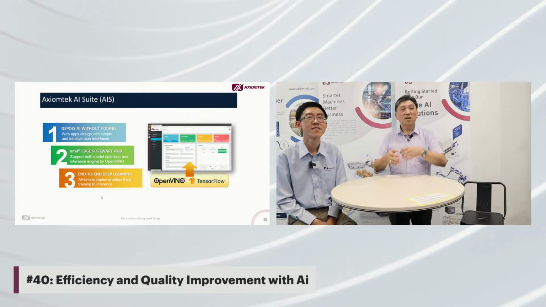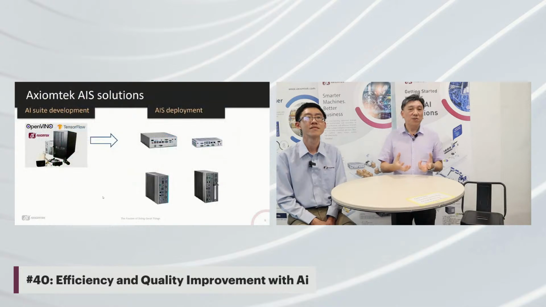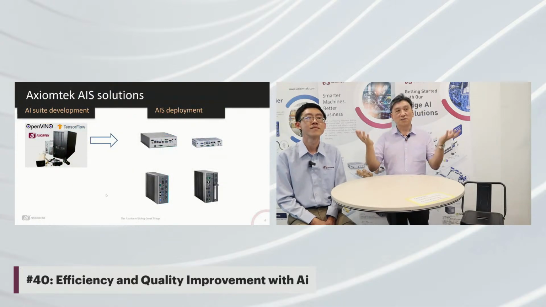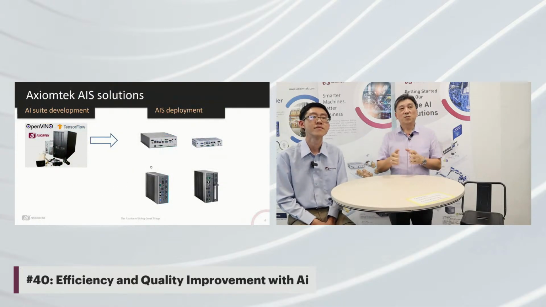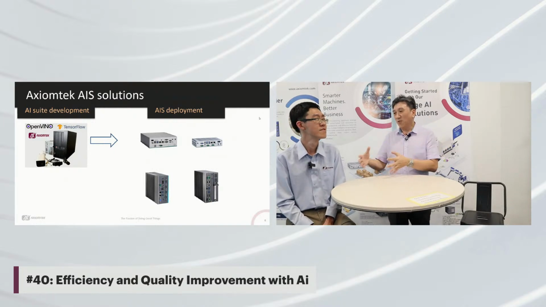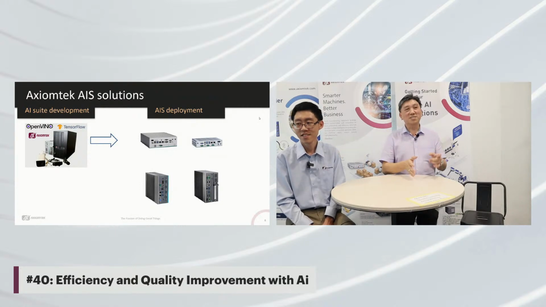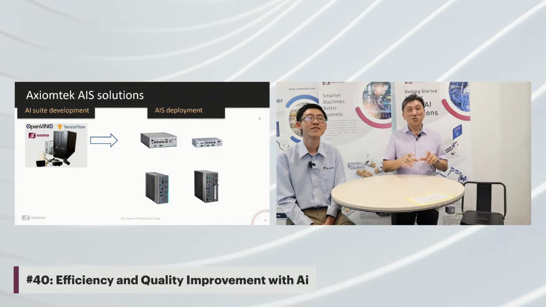Of course, it's powered by OpenVINO and also TensorFlow, as I told you just now. In this AI suite, this guy on the left-hand side is the mother of the whole AIH. You use that to train, you use that to do some proof of concept.